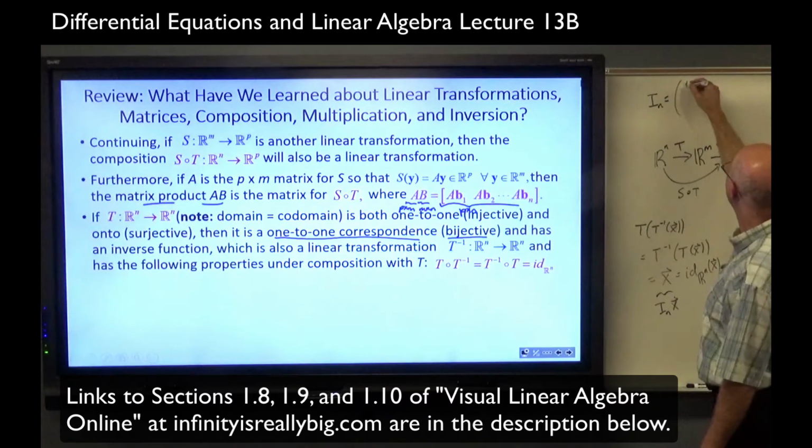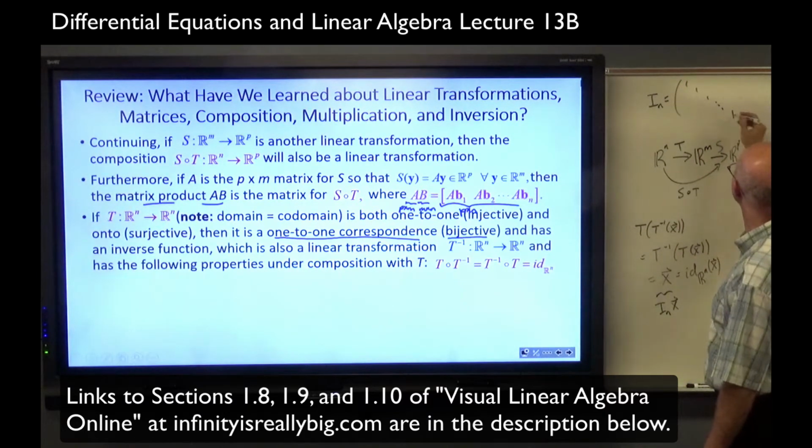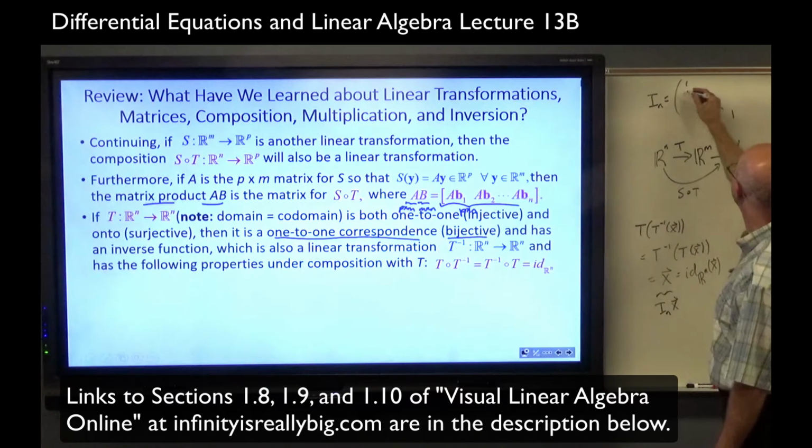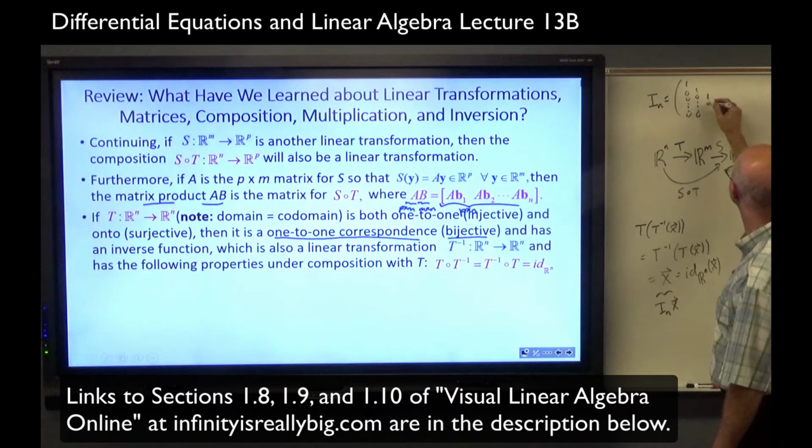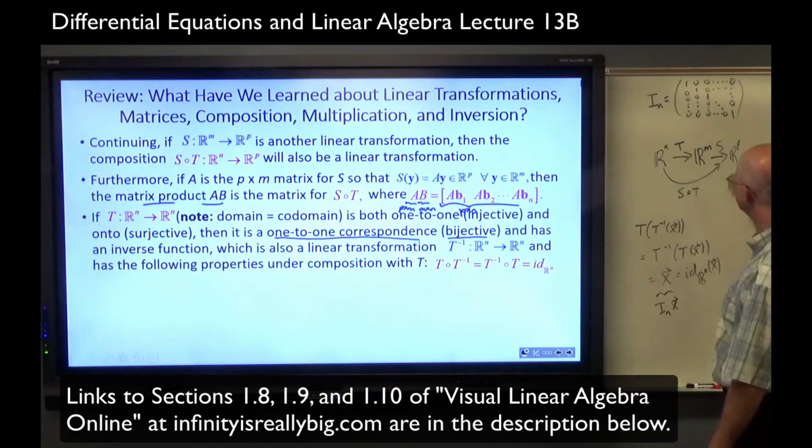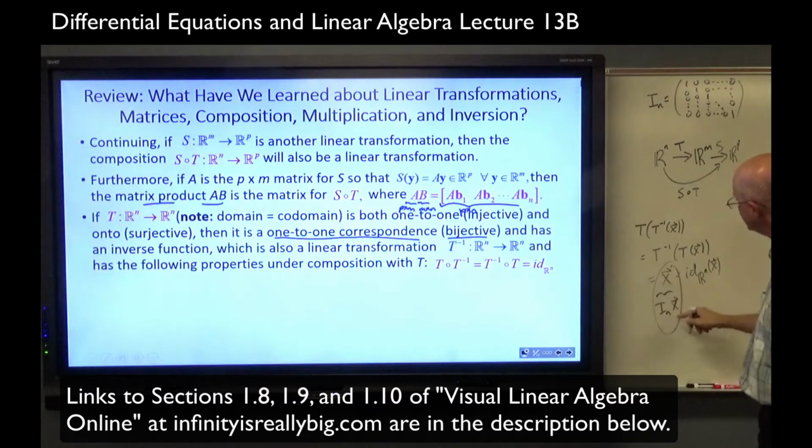The matrix of the identity function is the identity matrix. In has ones along the main diagonal, and zeros elsewhere. It has the property that if you multiply it times any n-dimensional vector, you get that vector back. In times x equals x for all x in Rn.